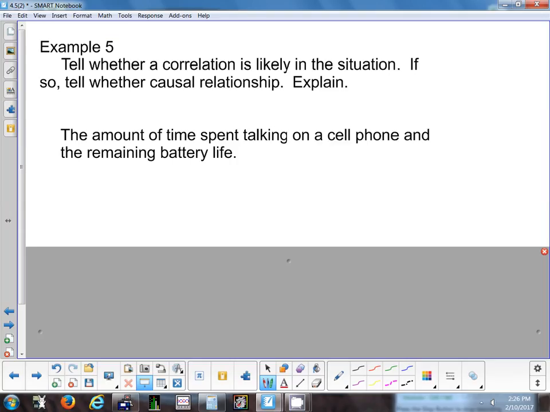the power. Yes, it's probably a negative correlation, right? The more you talk, the lower the battery. So, yes. And I'm going to put in parentheses this time, I didn't do it last time, but this time it's a negative correlation. The banks and the people, that would be a positive correlation.